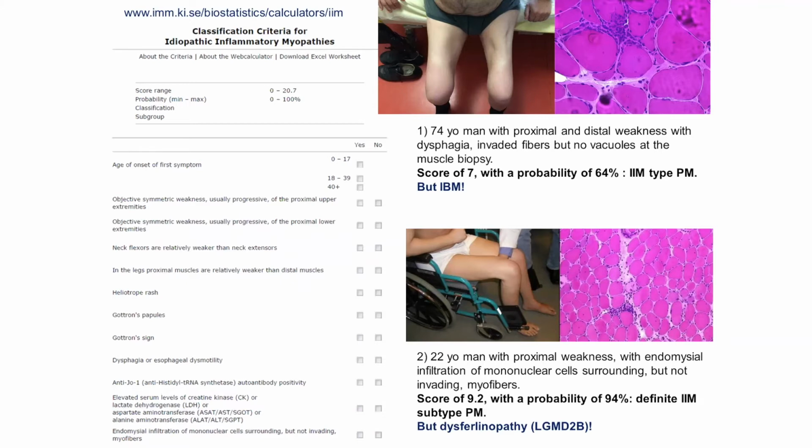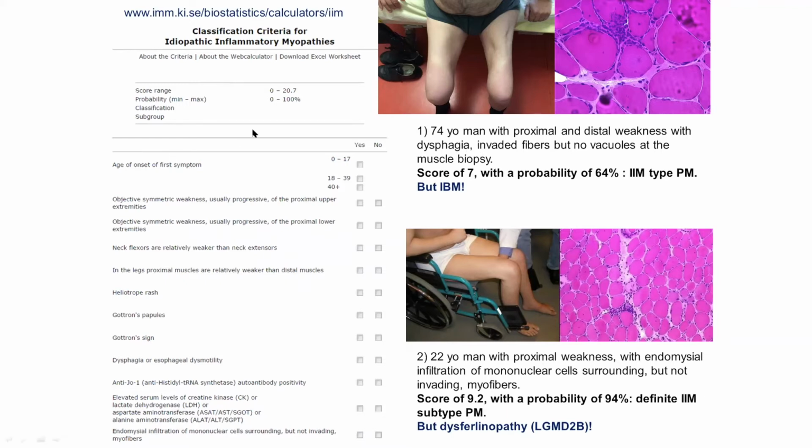As you can see here, he has this very classical feature with this quadriceps atrophy. And in the pathology, you can see these inflammatory infiltrates, which invade somehow one fiber here, but with no vacuoles, and it's a frequent situation during IBM.